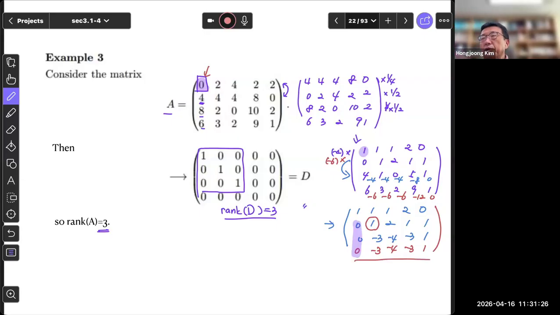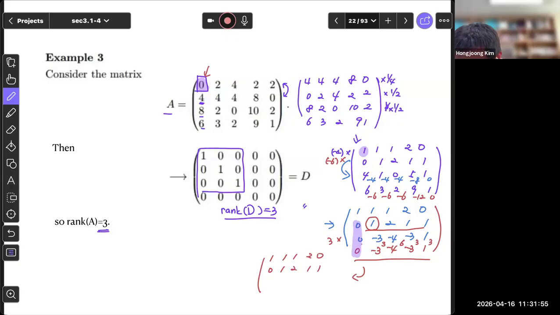Now given this matrix, if I multiply 3 to the first row, you get 0, 3, 6, 3, 3. If I add those numbers to the third row, what do I get? 1, 1, 1, 2, 0, 0, 1, 2, 1, 1 are the same.